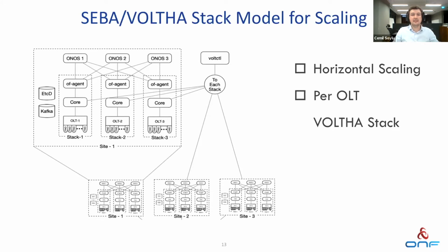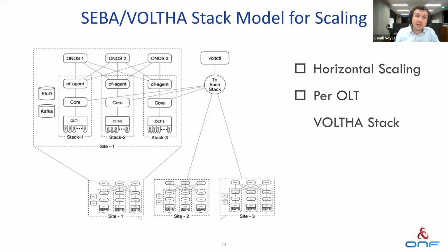So with this proposed implementation, a VOLTHA stack is built for each OLT. Therefore, when you need a new OLT in your network, you just build a new VOLTHA stack. This also applies for the removal process as well. When you want to remove an OLT, you just remove the related VOLTHA stack.